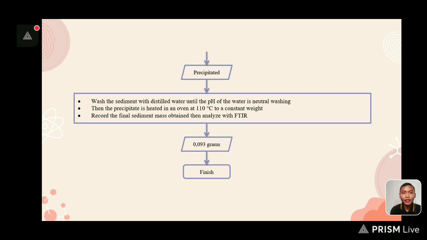Then the precipitate is heated in an oven at 110 degrees Celsius to a constant weight. Record the final sediment mass obtained for the analysis with FTIR. Mass gained: 0.093 gram.